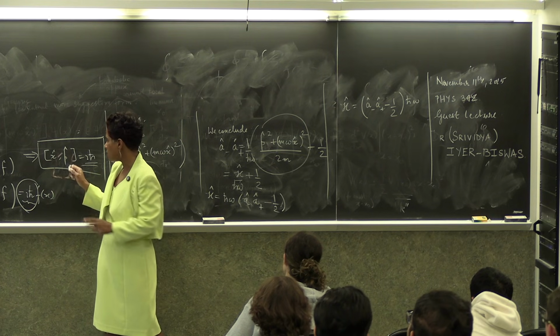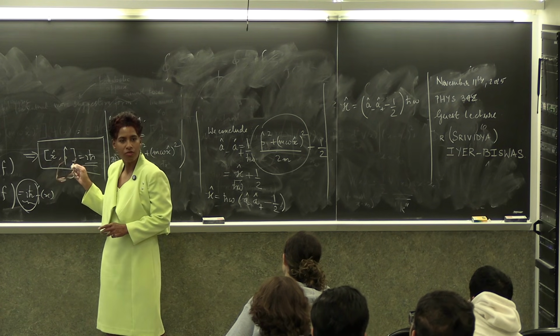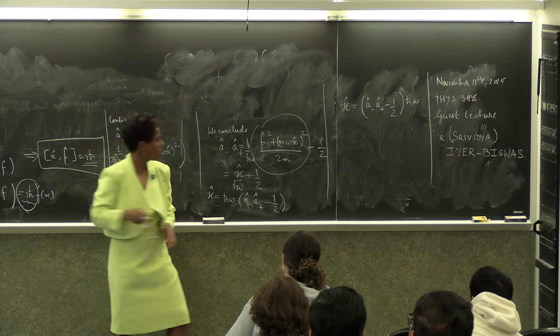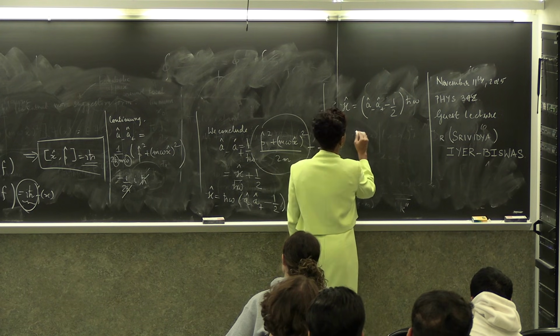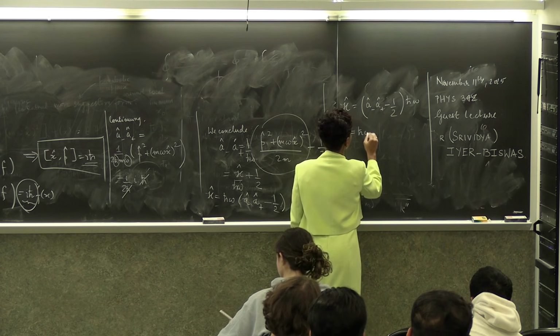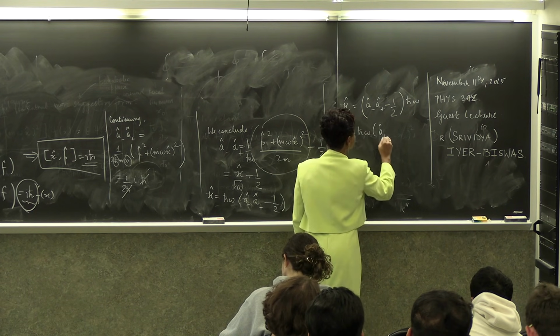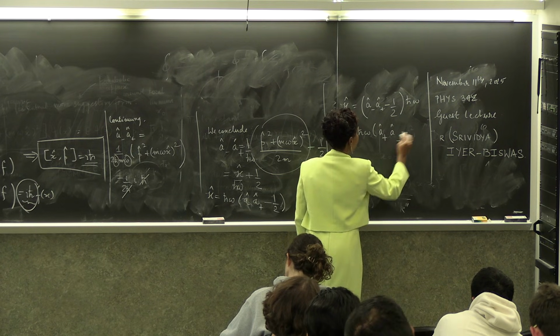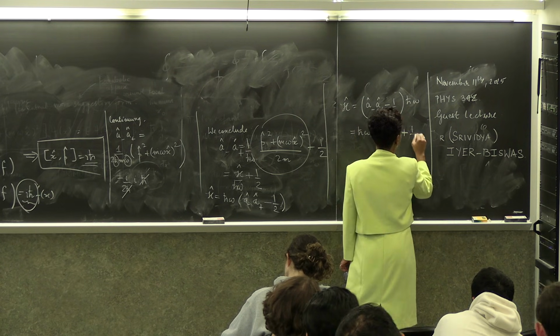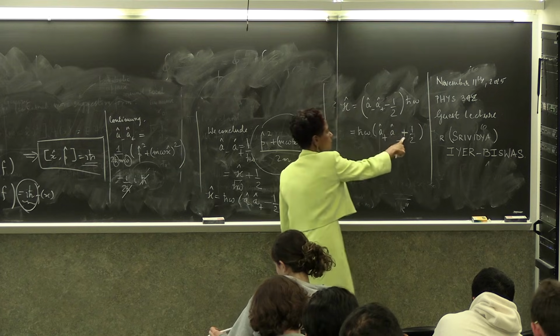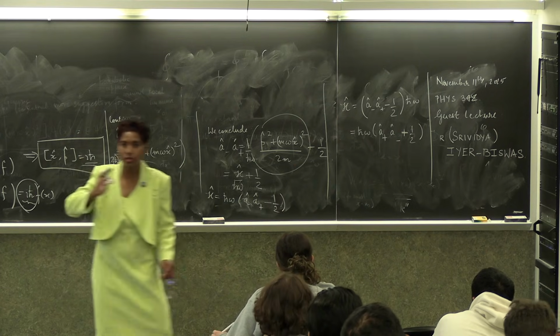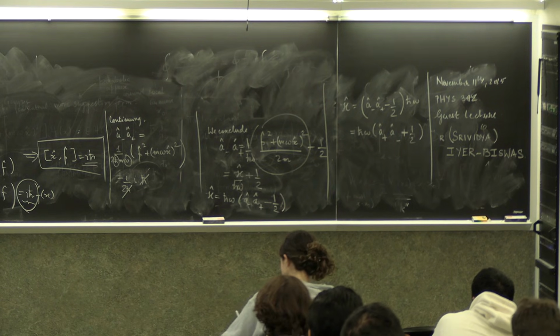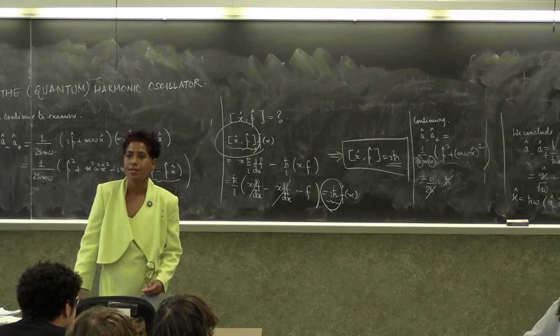You would have actually gotten this commutator with a different sign, and so forth. So you could also write this as h bar omega times a plus a minus plus half. So there's a minus here, and you would get a plus here if you did the complementary derivation with a plus a minus. Still with me?